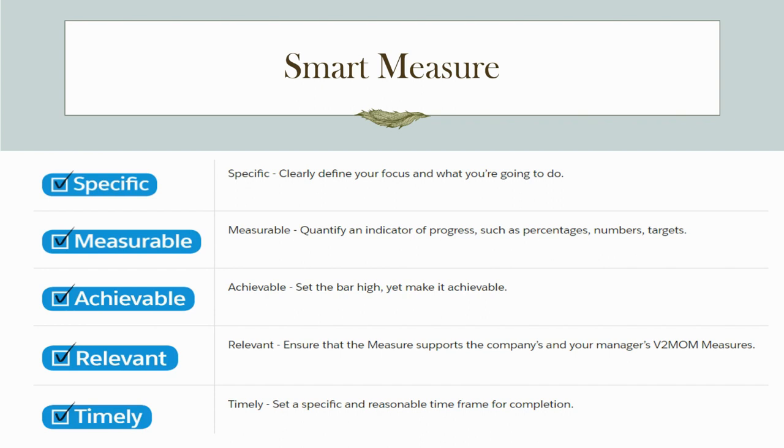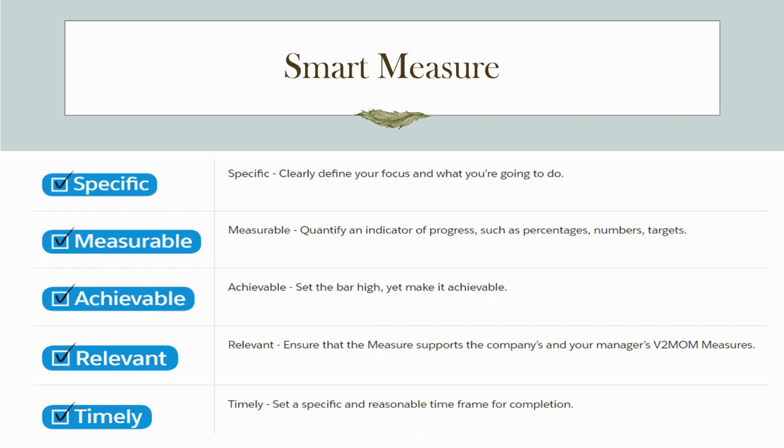Now after achievable, how can you ensure that this particular process is achievable, but not relatable? How can you ensure that this process is fruitful for your customer? You should be relevant with your vision and with your company process.